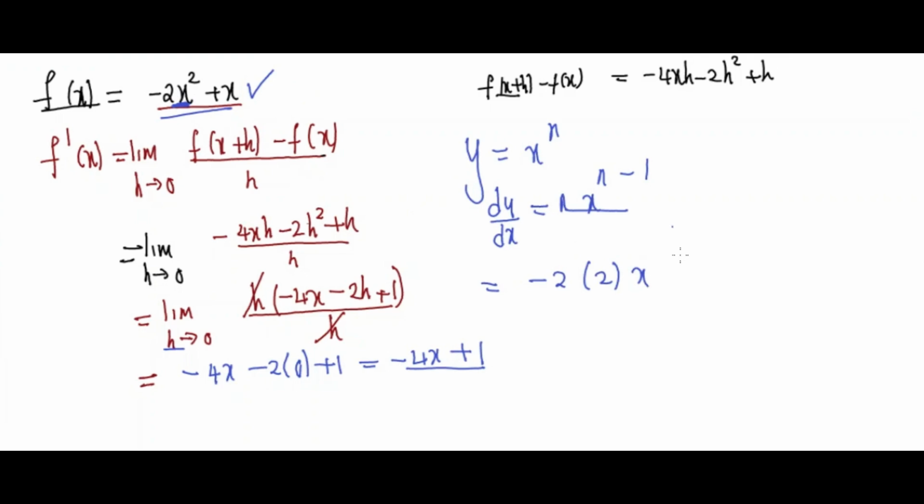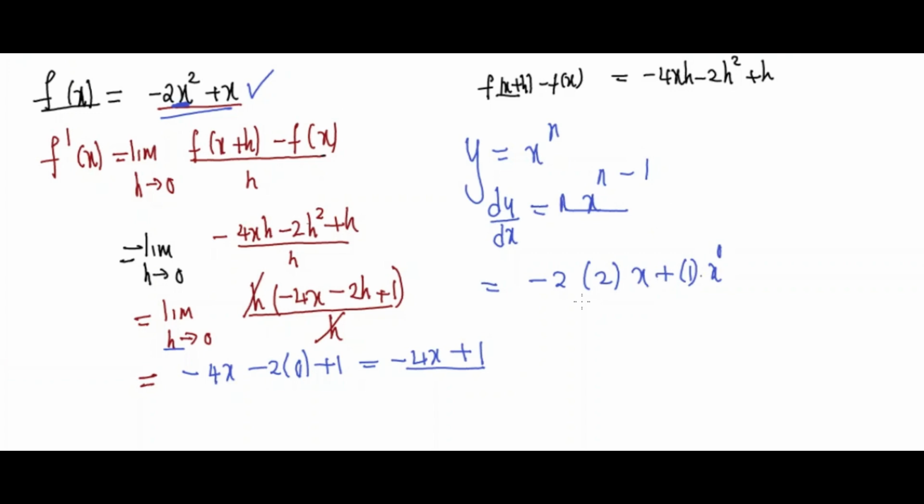So we're going to say plus 1. Then we'll be left with 1 minus 1, which is 0. So we're going to have x to the power of 0, which is 1.